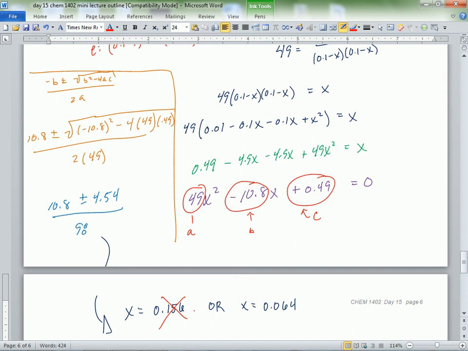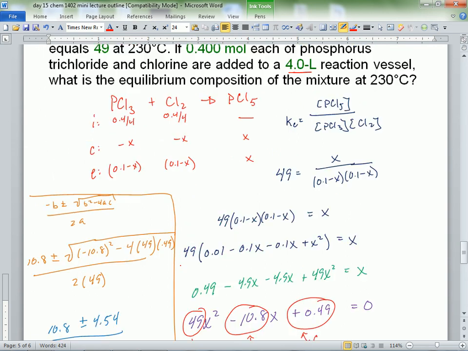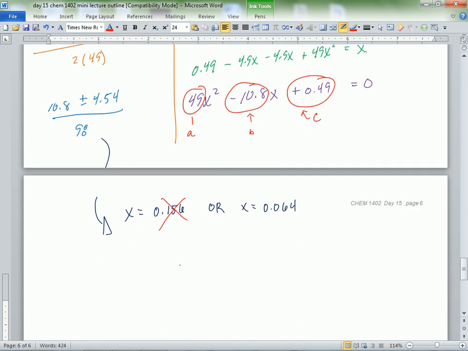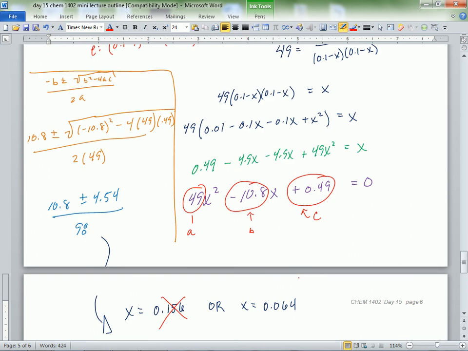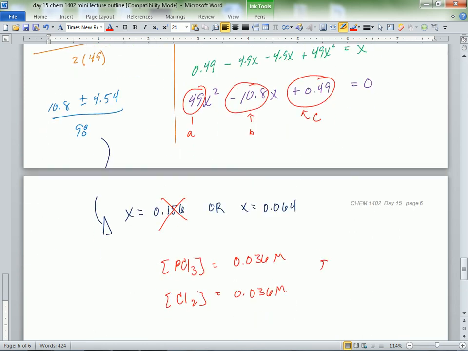So pick the 0.064, and then PCl3 and Cl2, right, 0.036 or so. And the last one was just X. PCl5 is just X. And X is 0.064.